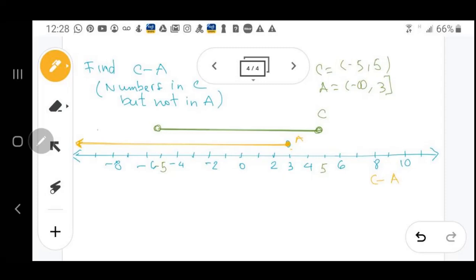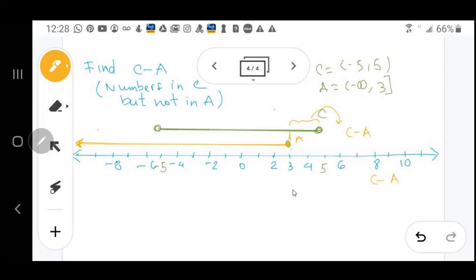So this is the interval, this one over here, that will be C minus A. In that piece, you can find the values that are in C that are not in A. Okay, so I think now that you can see it, that portion is C minus A. All the values that go from 3 to 5 are in C, but are not in A.